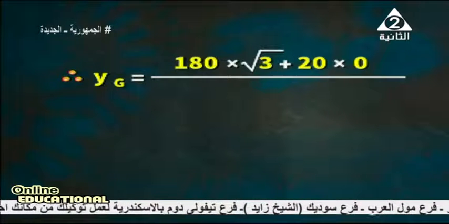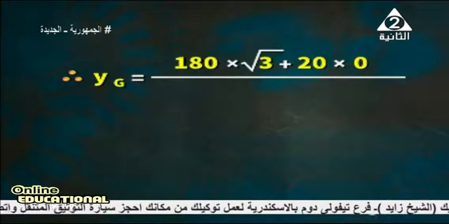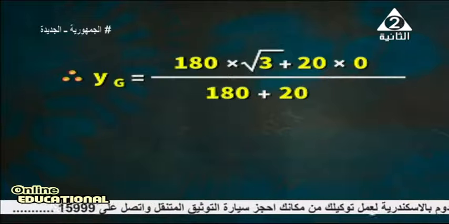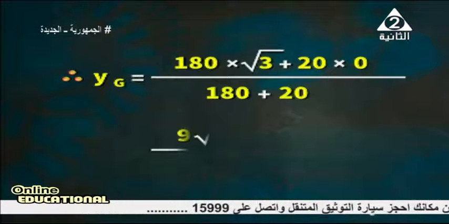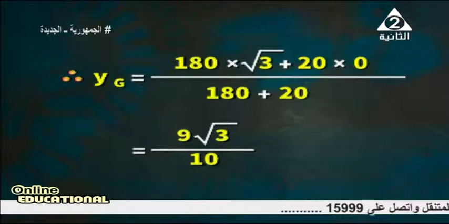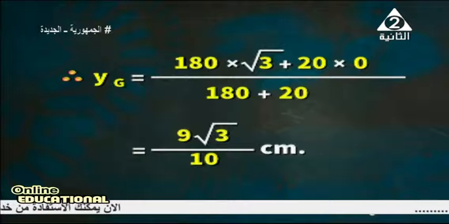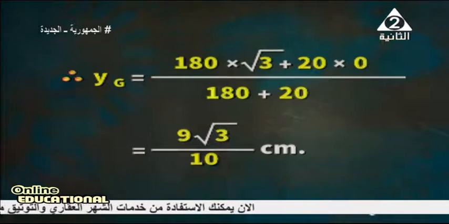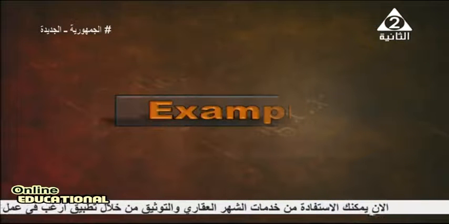Yg, by the same rule, m1 y1 plus m2 y2 over m1 plus m2, the answer is 9 root 3 over 10 centimeter. Then the center of gravity by the same method.